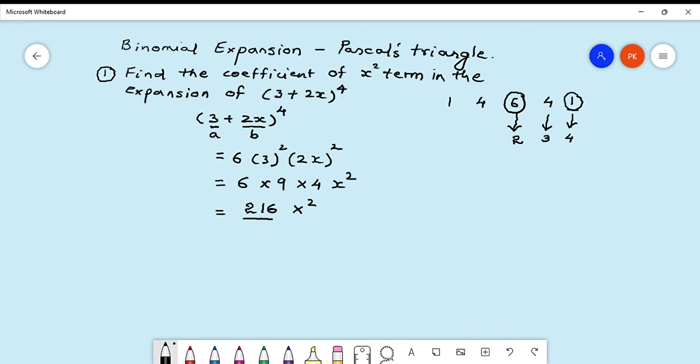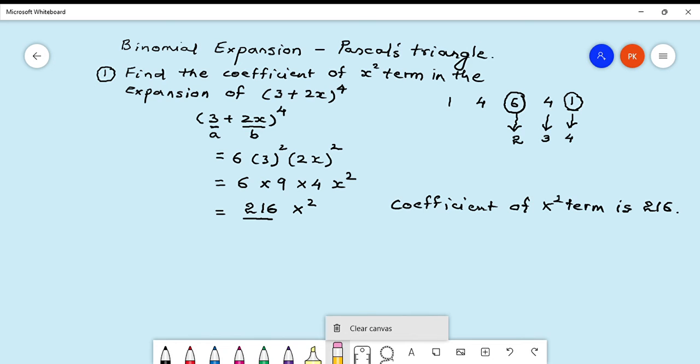That means the coefficient of the x square term in this expansion is 216. Okay, so let us see one more problem on this.